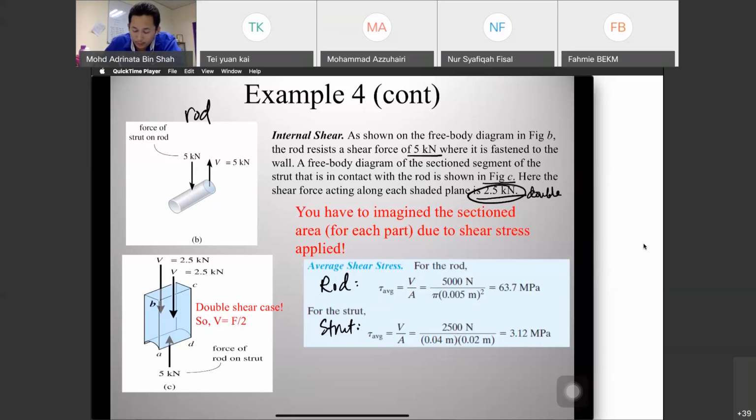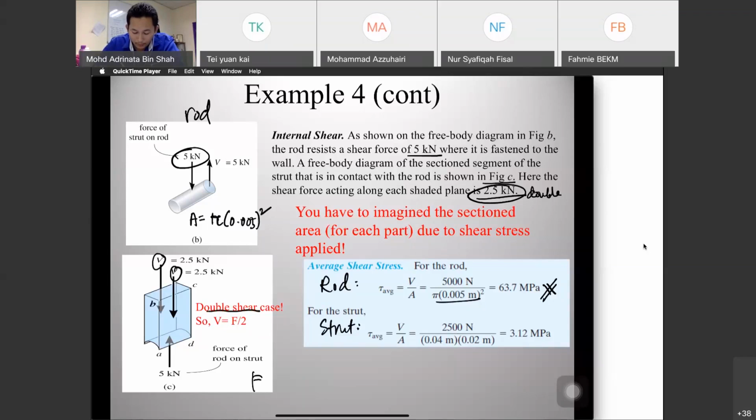For the rod we use V equals 5 kN. We calculate A equals pi times the radius, 10 mm divided by 2, which is 0.005 meter, squared. So we can calculate our shear stress. For the strut, V is 2.5 kN, because of equilibrium. It is double shear, right?